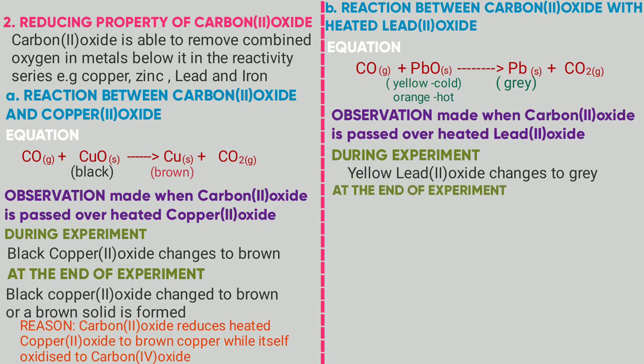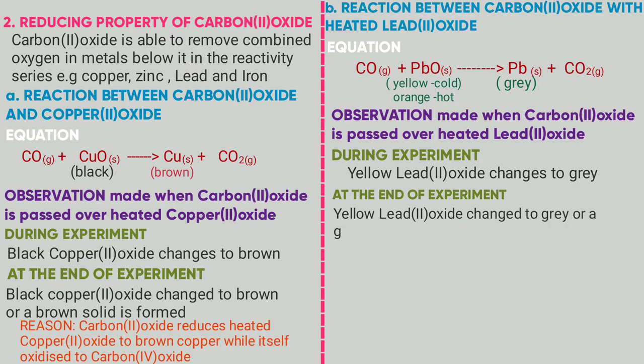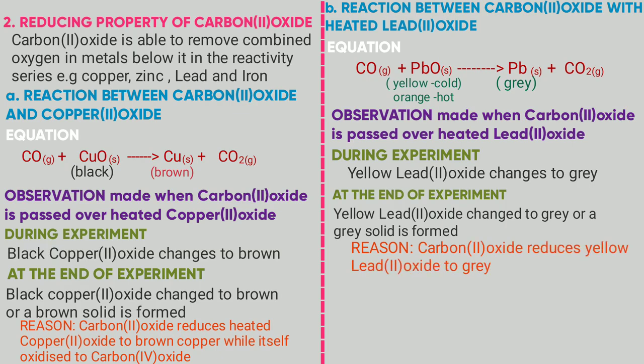At the end of the experiment, yellow lead-2 oxide changed to gray, or a gray solid is formed. Reason, carbon 2 oxide reduces heated lead-2 oxide to gray lead metal while itself oxidized to carbon 4 oxide.